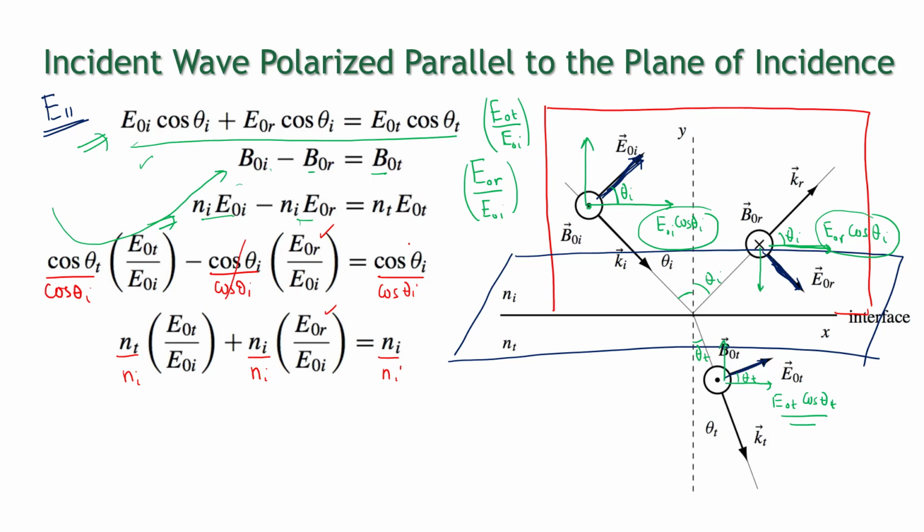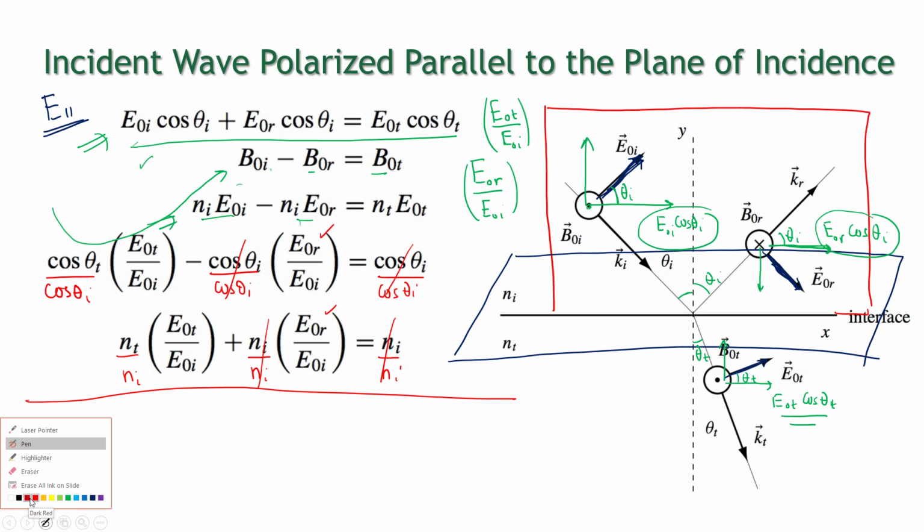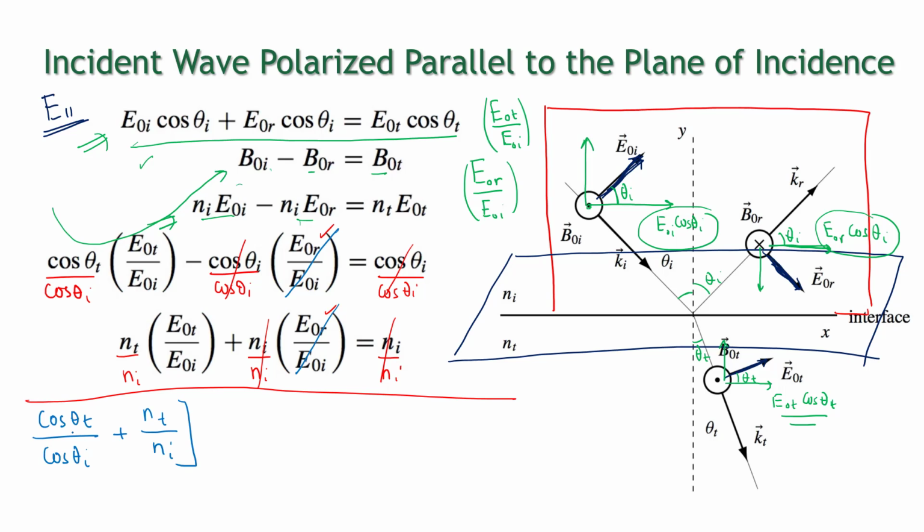So cancel that and that, cancel that and that, and then you add term by term. So this one will cancel that. Now here we have cosine theta t over cosine theta I, and then plus nt over ni, and then you can pull the common terms out.